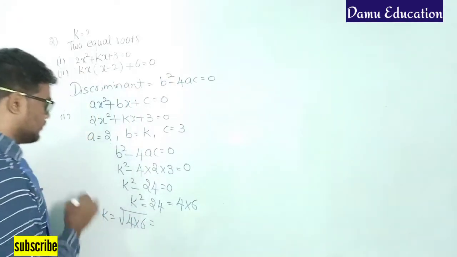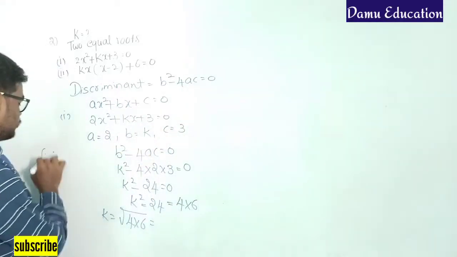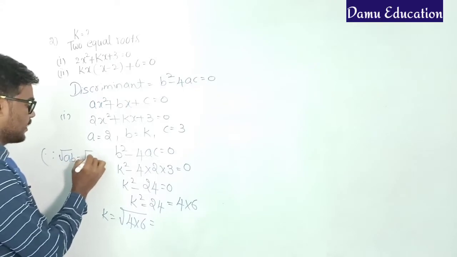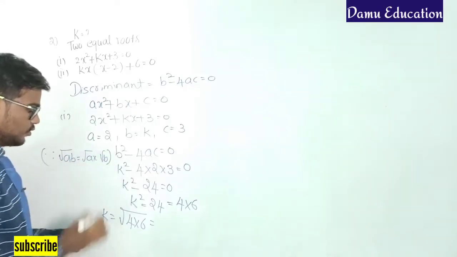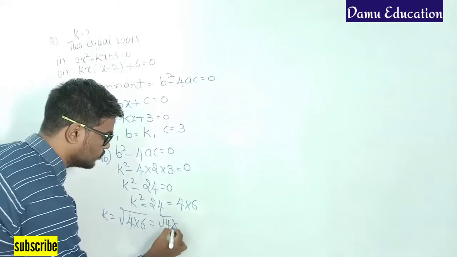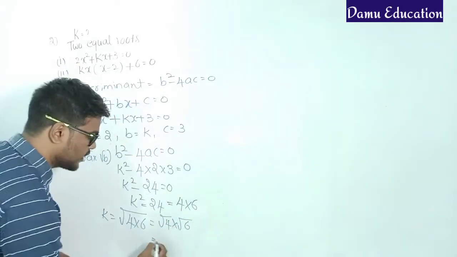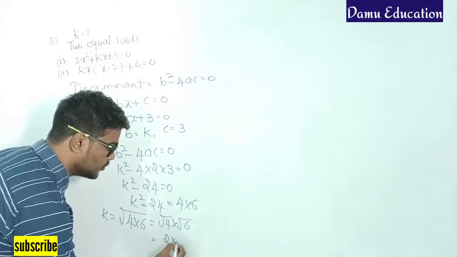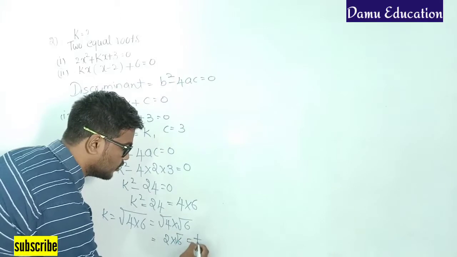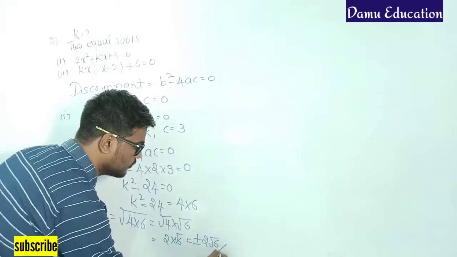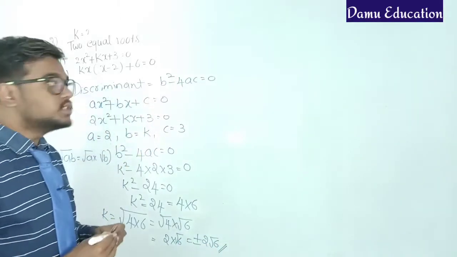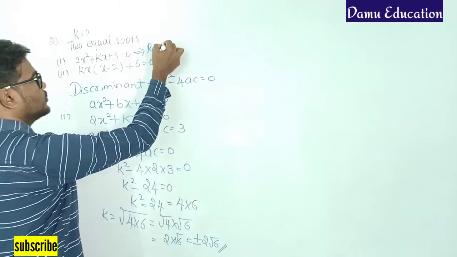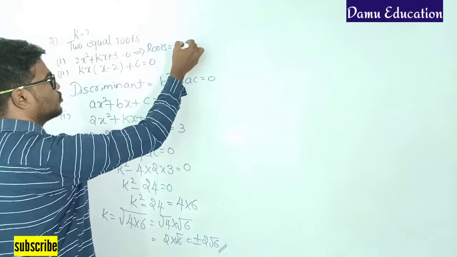We can use the formula: square root of ab is equal to square root of a into square root of b. So square root of 4 into square root of 6 is 2 into square root of 6, so k is equal to plus or minus 2 root 6.